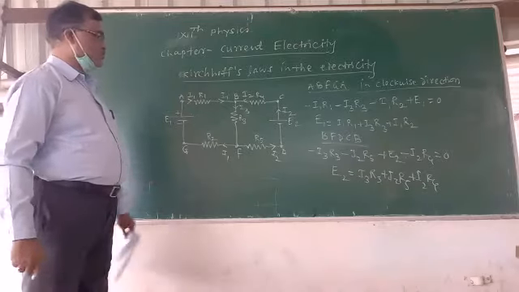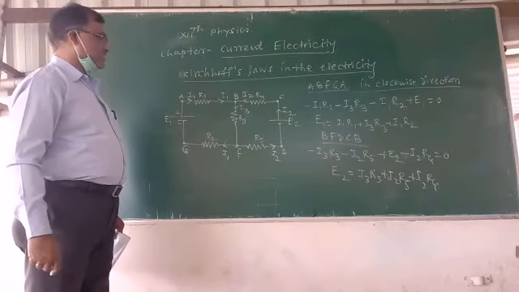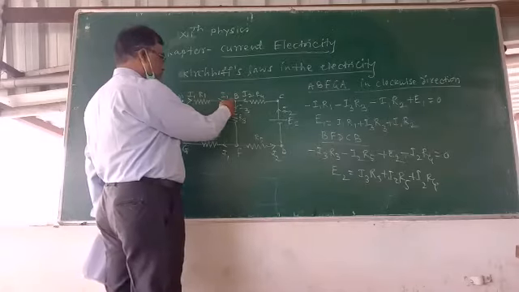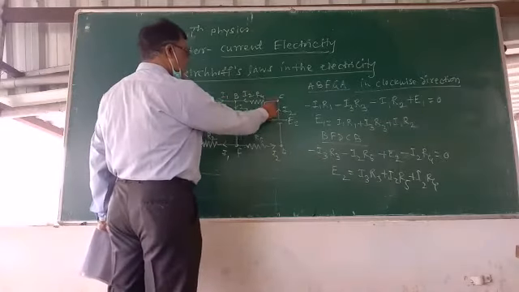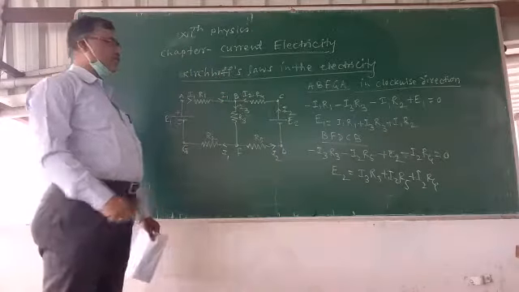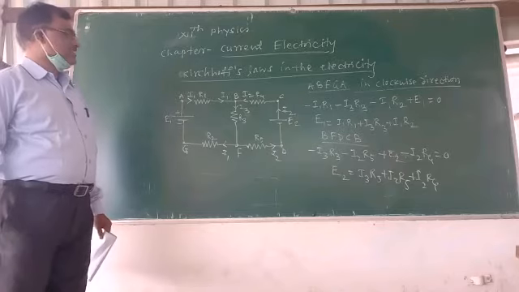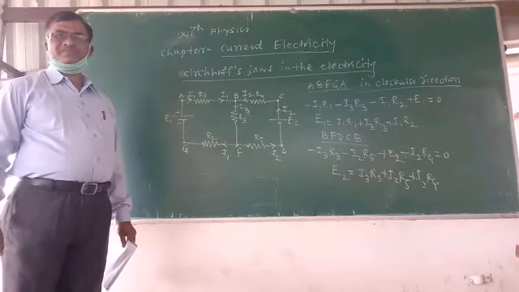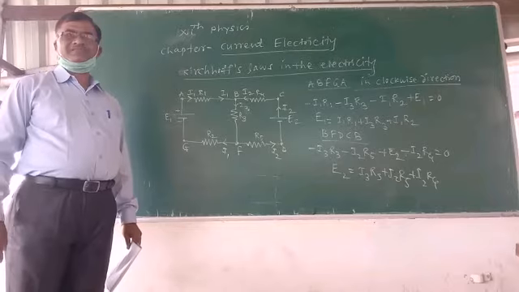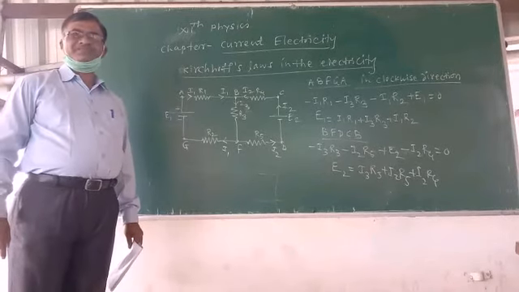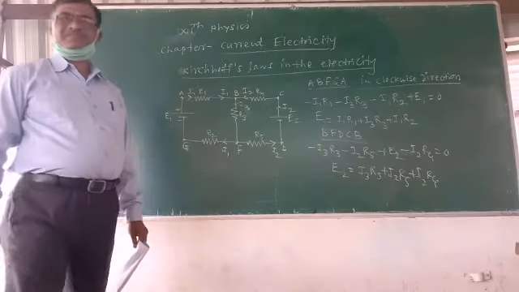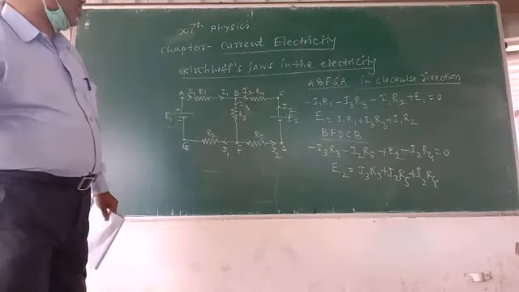This is the electromotive force produced, that is E2, on the loop BFDCB in the anti-clockwise direction.